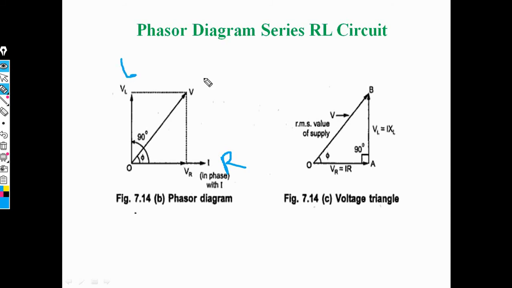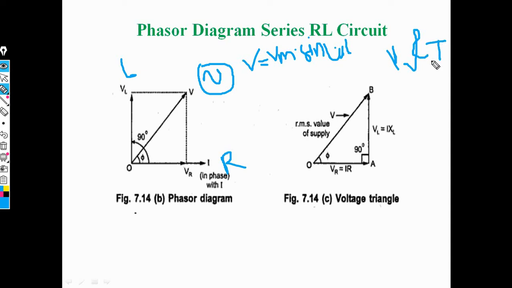This is the supply voltage, V is equal to Vm sin omega t. Now the first thing: voltage and current are in phase, that is, both are in the same direction. In phase means the same direction.